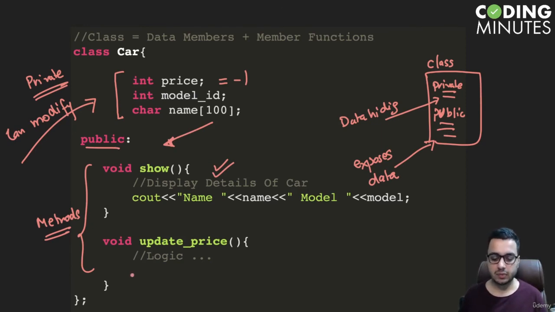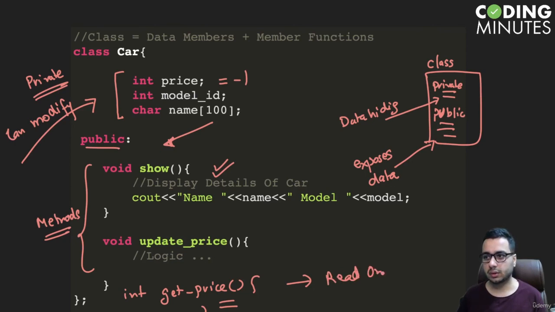But maybe someone says I want to only read the price of the car. Then what we will do is create something like an int getPrice method, and this method is going to return the price. So it will ensure that the price variable is used only in read-only mode. We are not going to give write access for the price property of the car.